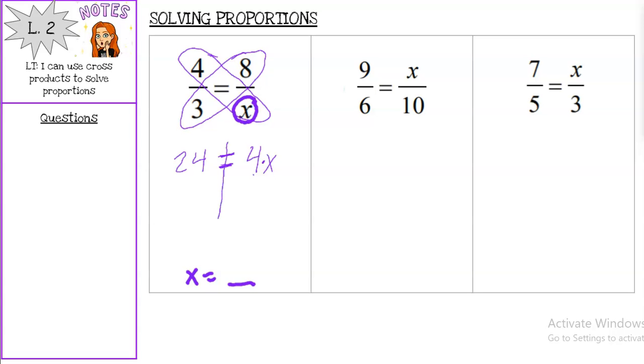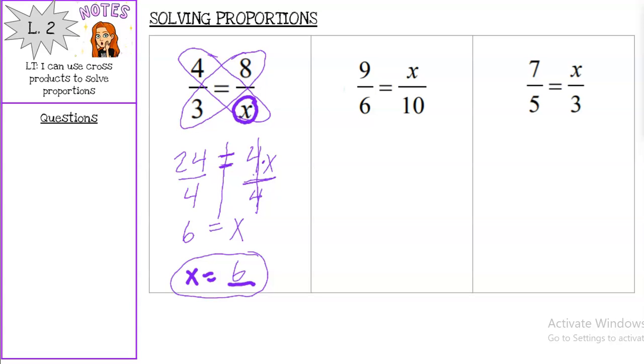Well, all we have to do is undo that multiplication with division. So we're going to divide by 4, and we'll get our answer. 24 divided by 4 is 6, so x equals 6. So now we know that x is 6. That would make this proportion true.